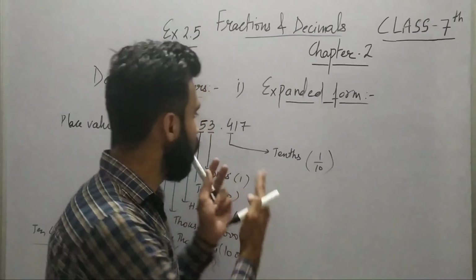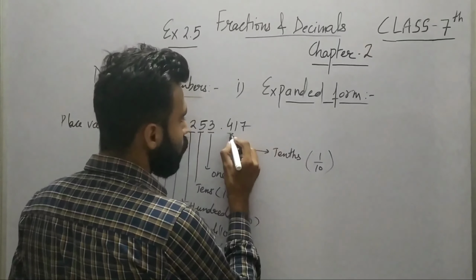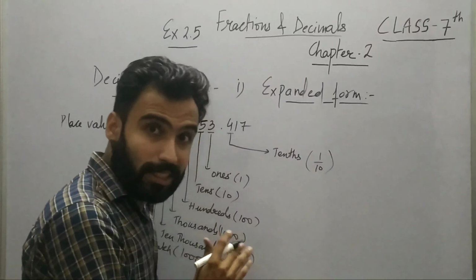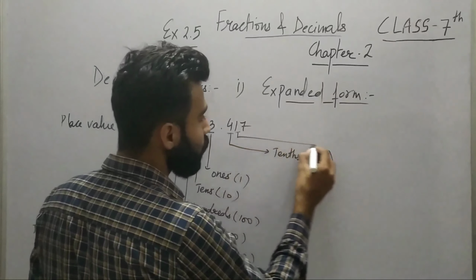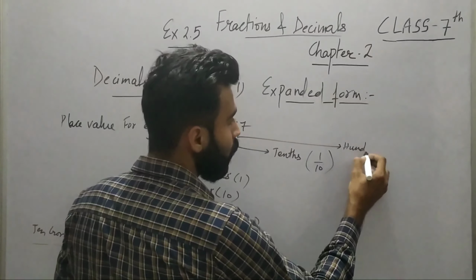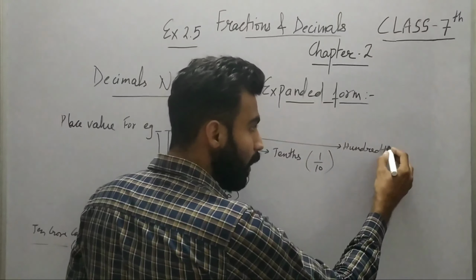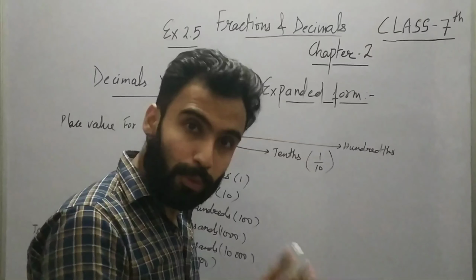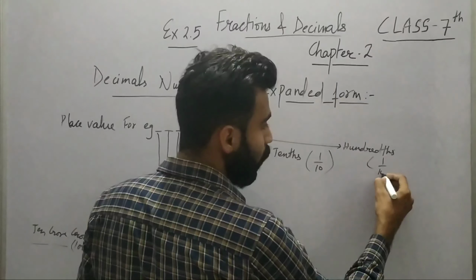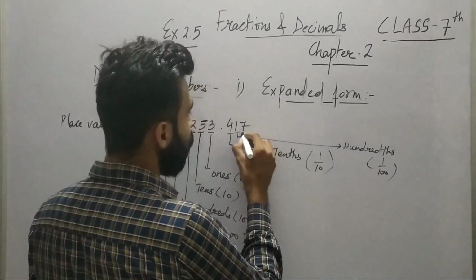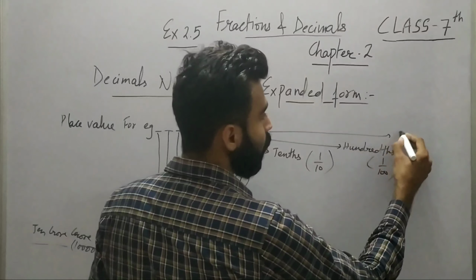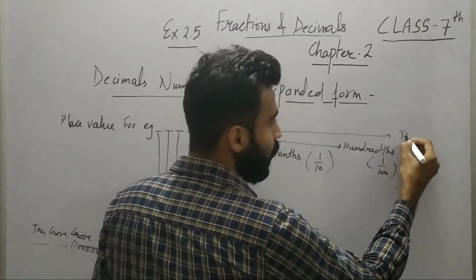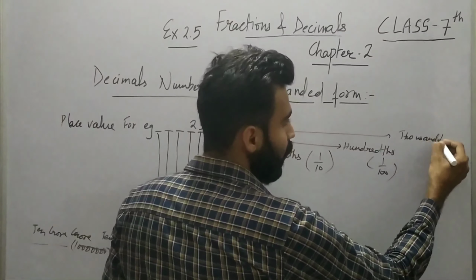So here on the right hand side, the first position or place value is tenths, right? The next one is hundredths, and it can be written as 1 upon 100. Then moving to the other values, there will be thousandths.